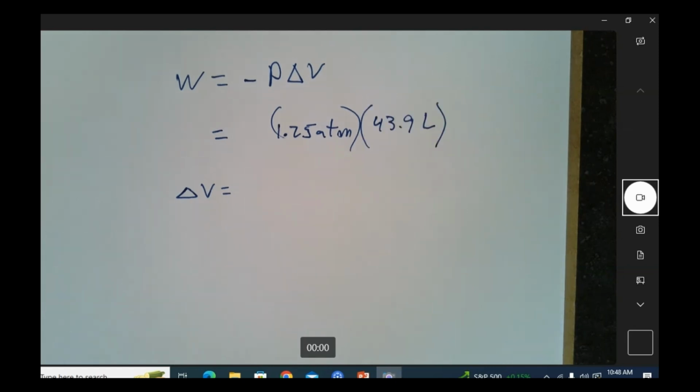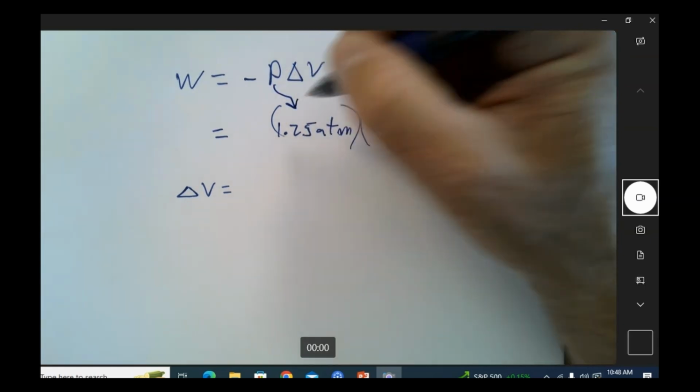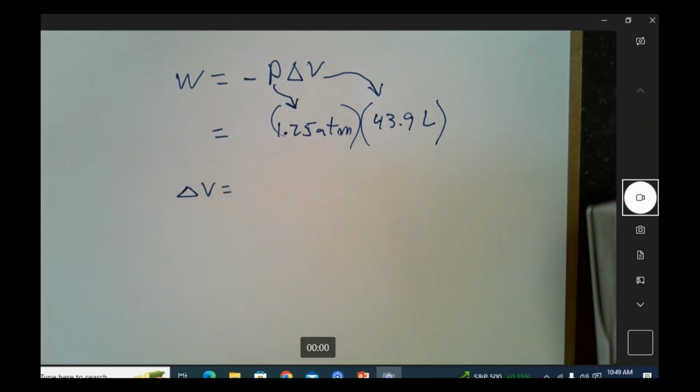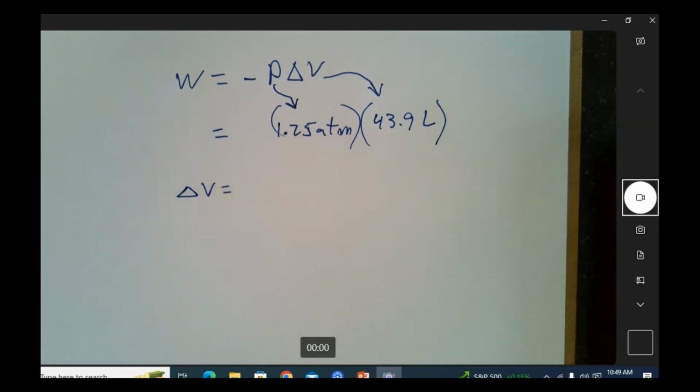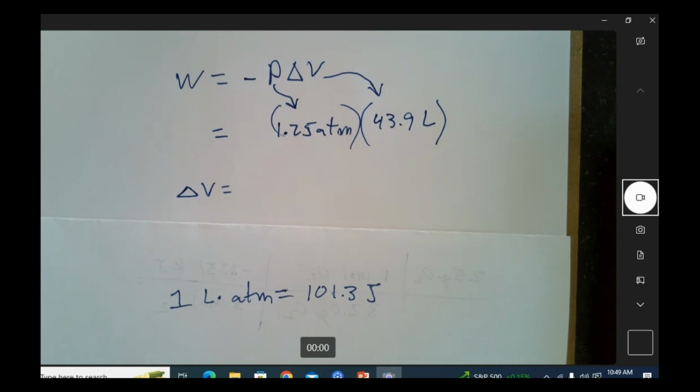So here's where we're at. So here's my change in volume. Here's my pressure. I thought the book's explanation was a little weak on here, but they gave you a unit equation in there. There it is, and we get to use that to work our way through this.